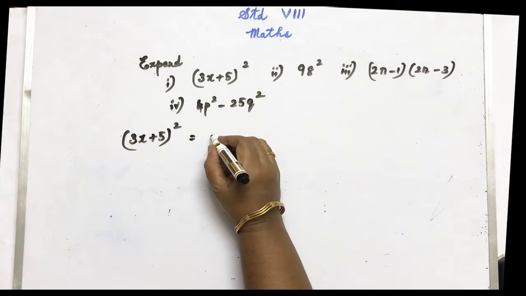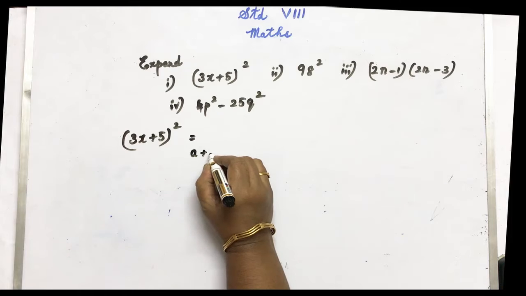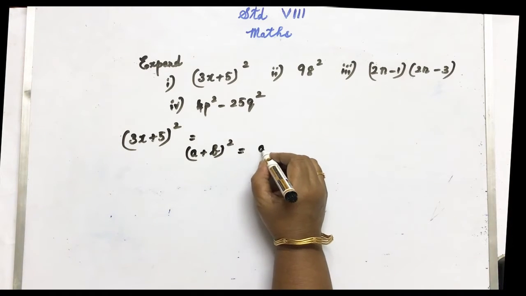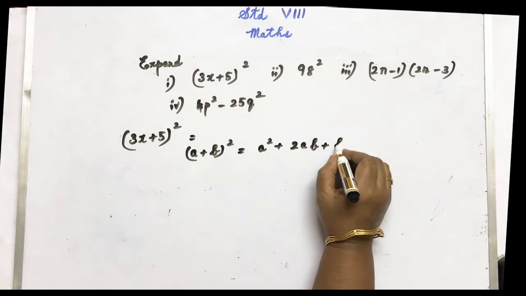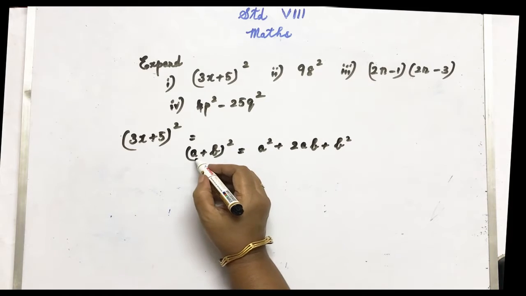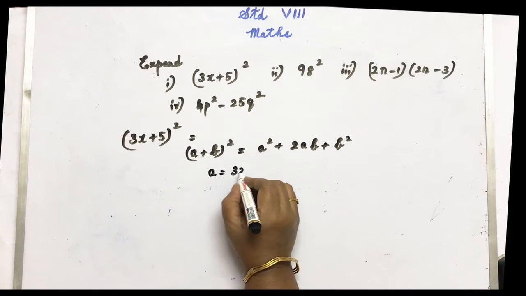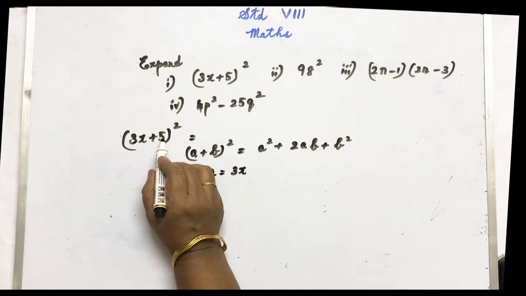This is of the form (a plus b) whole squared. So (a plus b) whole squared is a squared plus 2ab plus b squared. Now we have to compare. In the place of a we have 3x. In the place of b we have 5.